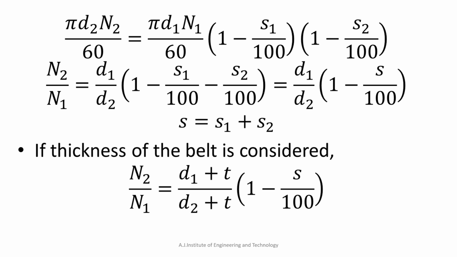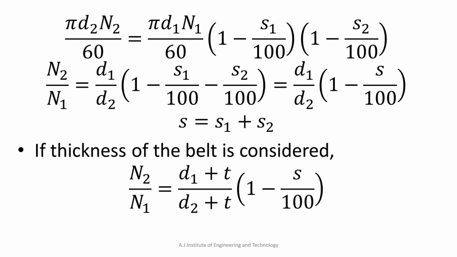Just substitute V. Next, take the common terms outside. Pi and pi cancel each other, 60 and 60 cancel each other. Then d2 n2 is equal to d1 n1 into the bracket terms. Keep n2 here; d2 moves to the denominator, n1 moves to the denominator.